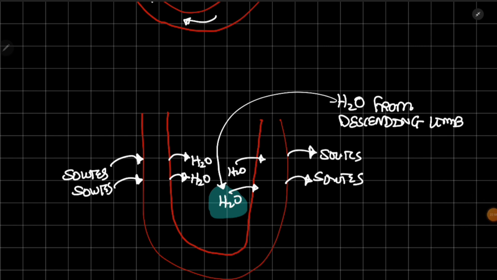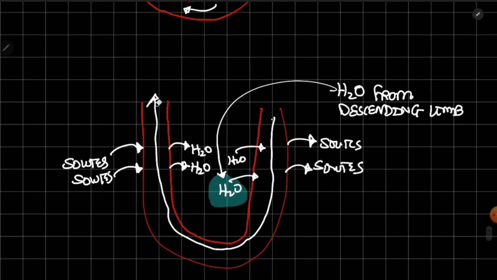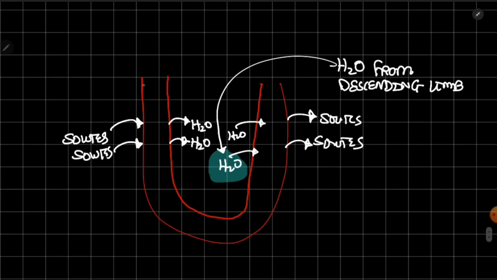If the gradient doesn't increase, okay, we start from 300 and it goes till 1200. So this extra H2O is coming into the ascending limb of the vasa recta, and it goes like this. Tell me one thing: the concentration will be 300.